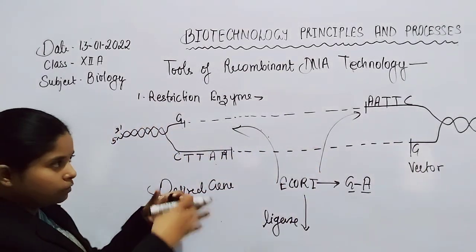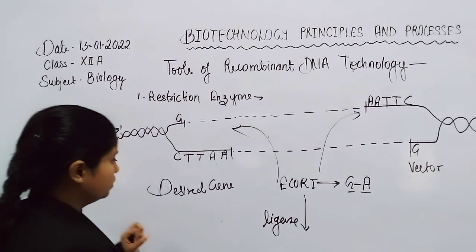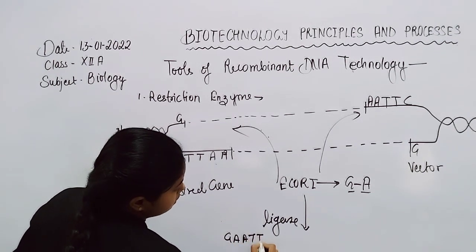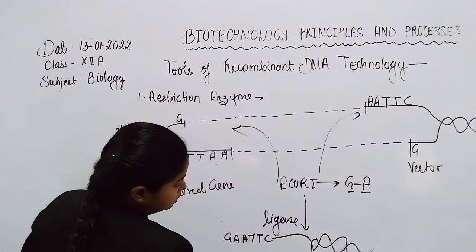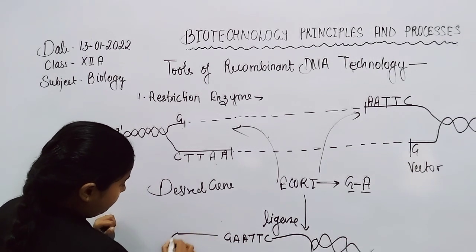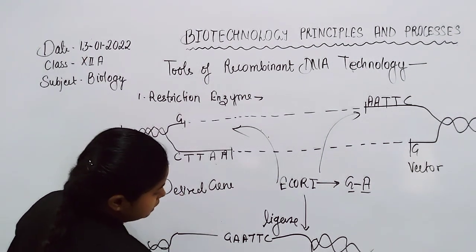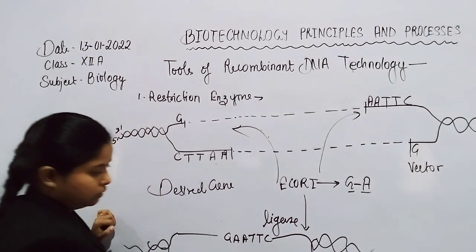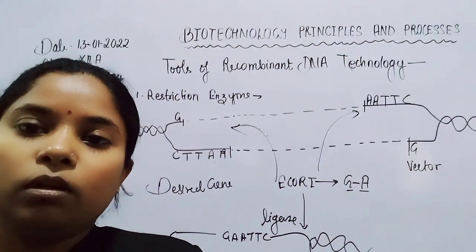Now let's put both the genetic materials together and form the recombinant DNA. Now here is G, AATTC from the other. So here is the genetic material. Now here is again CTTAA and G from the vector. So this is the overall sequence.